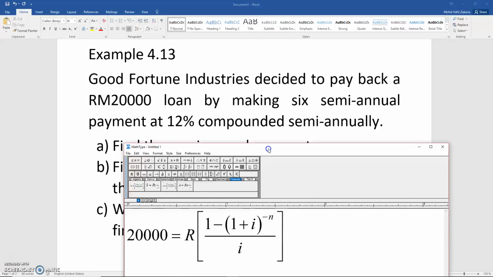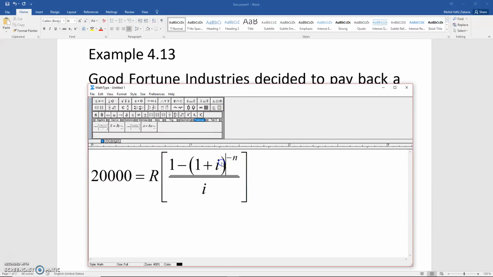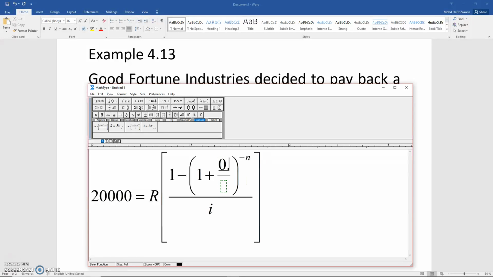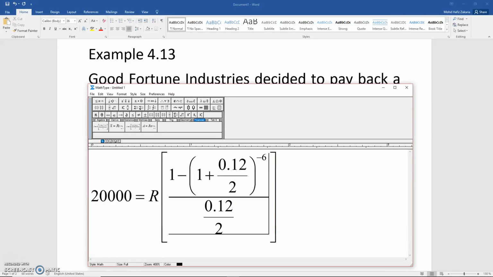And the I is 12% compounded semi-annually, so 0.12 compounded 2 times per year. For 6 times or 3 years, 0.12 over 2, and calculate this.